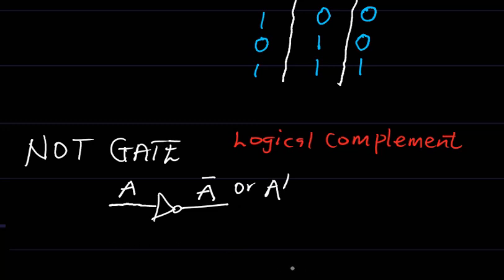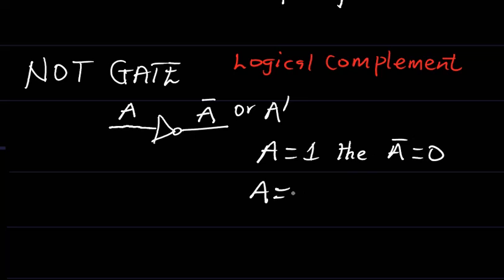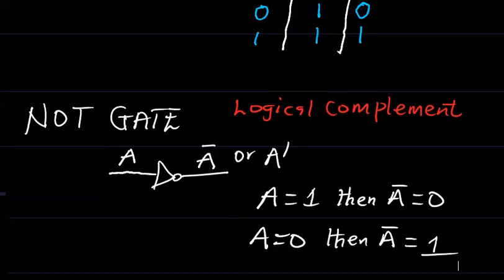So if A happens to be 1, then A bar is 0. If A is 0, then A bar is 1. Logical complement.